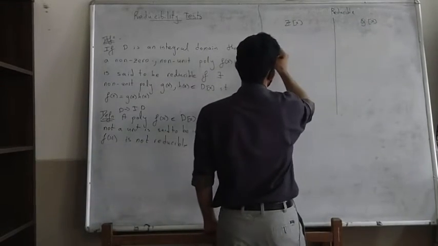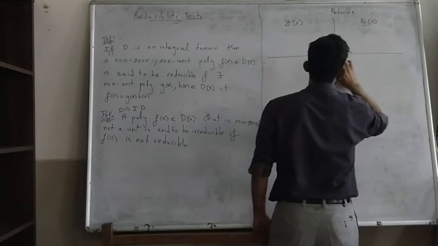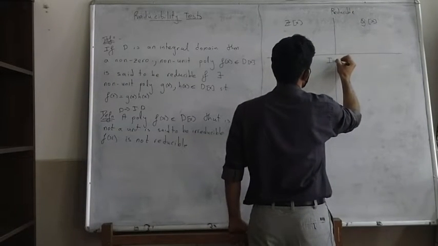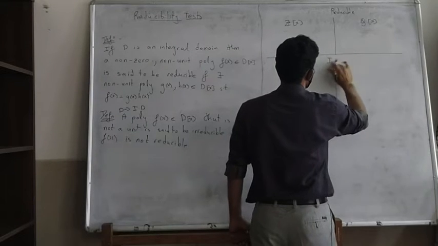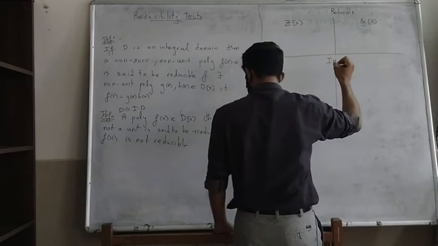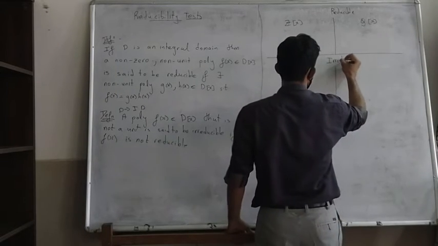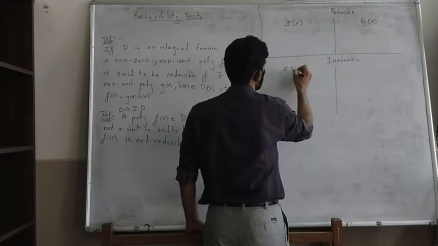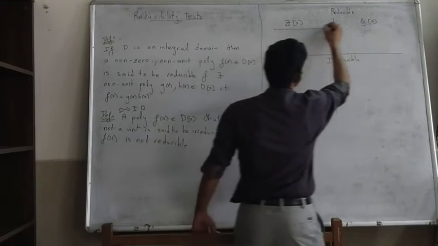Let me then look at some irreducibles, just for giving you an idea. Of course, this is again in Z[x] and Q[x]. Let me draw it.